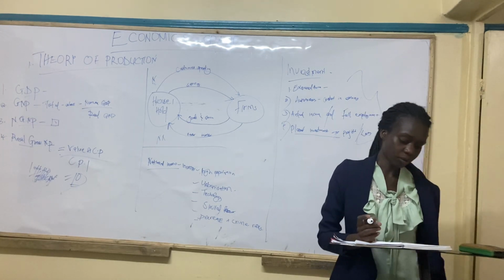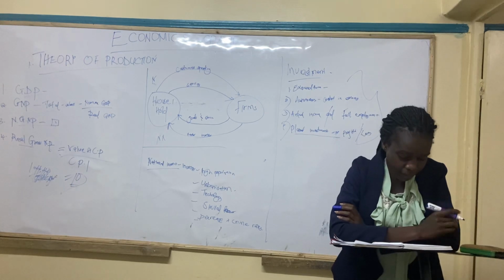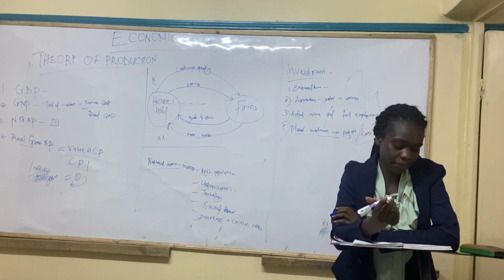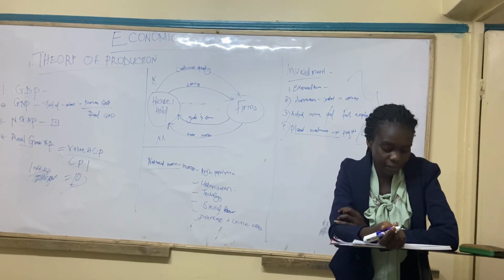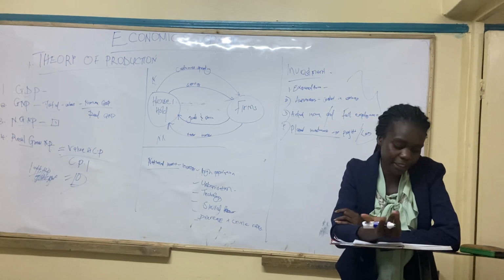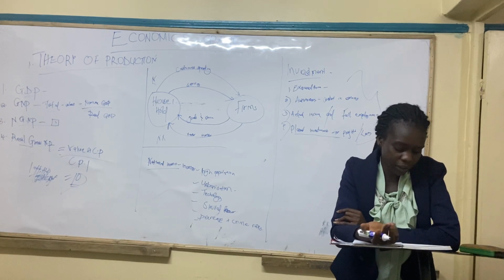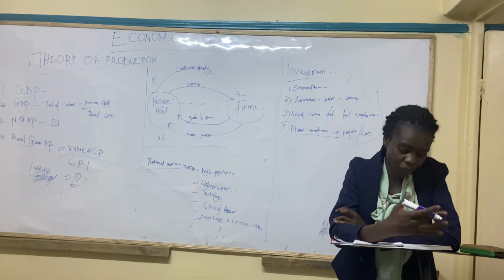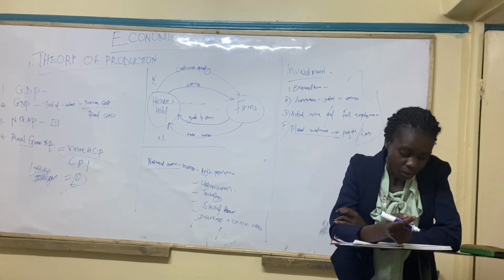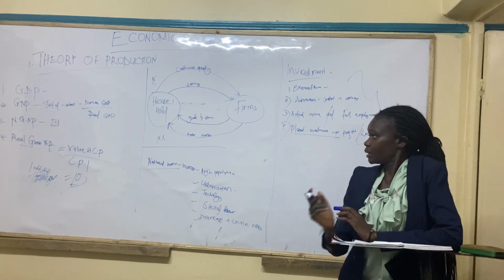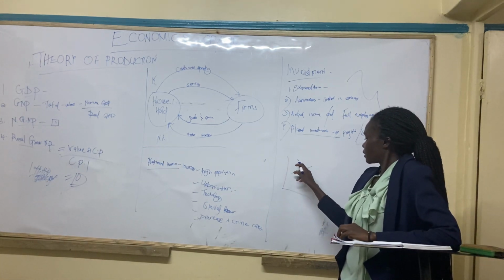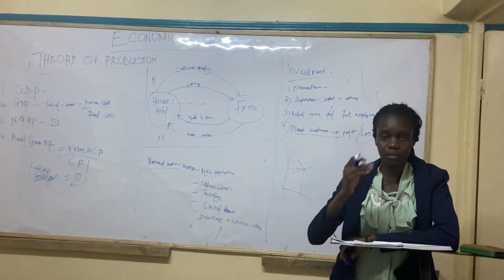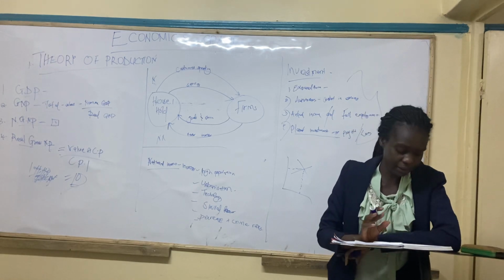So on this equilibrium of national income, national income is said to be equilibrium when there is no tendency for either increase or decrease of its spendings or of its receipts. So national equilibrium, that is, there is no tendency of increase or decrease in spendings or receipts.